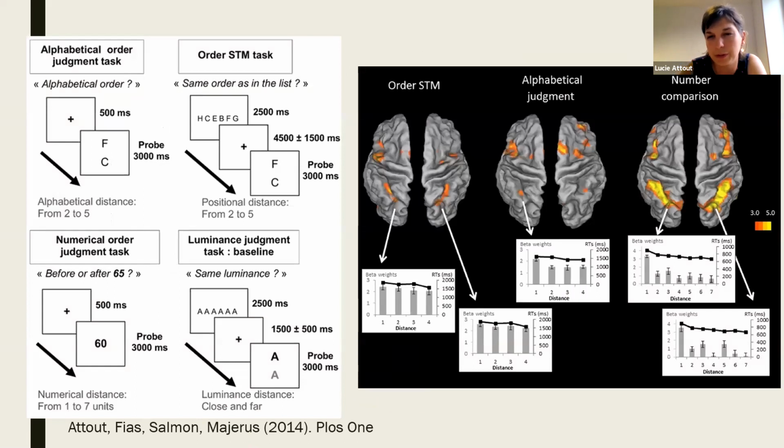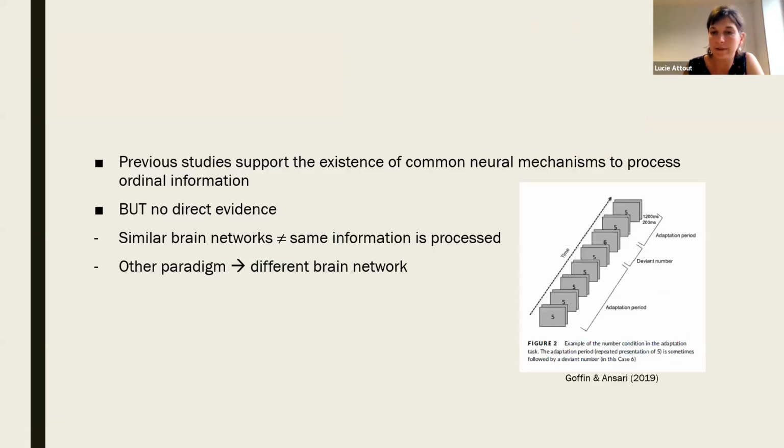Finally, in a previous study that we conducted, comparing ordinal judgment across 3 domains, we had already observed a parametric modulation of the IPS by working memory, alphabetical and numerical distance effects. However, even if numerous previous studies seem to support the existence of common neural mechanisms to process ordinal information, there is currently still no direct evidence, mainly for 2 reasons.